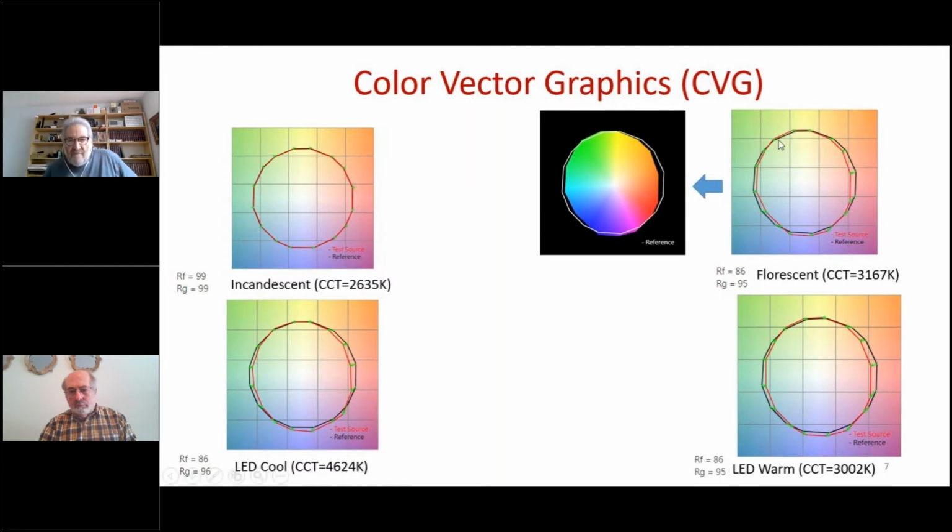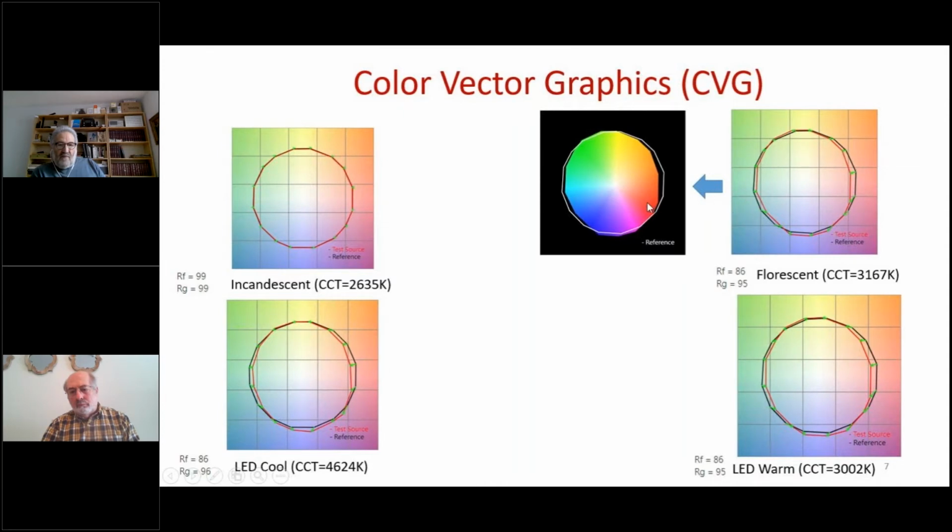Anti-clockwise arrows represent positive hue shifts, and clockwise arrows show negative hue shifts. You can see all these things at different regions.